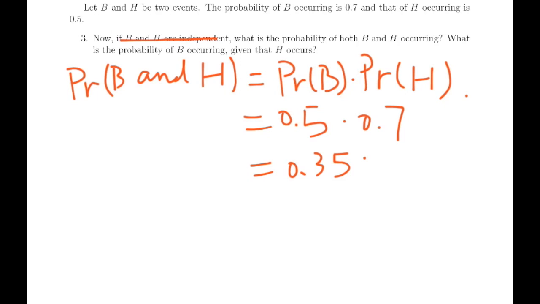So the probability of both B and H occurring is equal to 0.35.